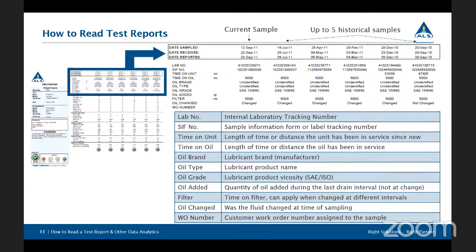It's important that that information is provided because then we can compare that against normal levels of whether it be an additive package or other physical properties. We can compare that to normal levels that we see for that product new. Oil added, just so this is understood well, this is the quantity of oil added during the last drain interval, but not at the change. So we know that when you change oil, you're obviously going to be changing out normally the entire sump capacity of whatever that component is.